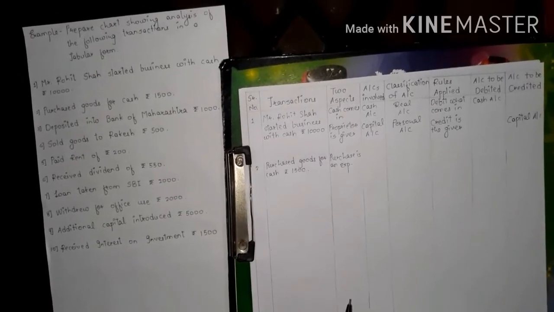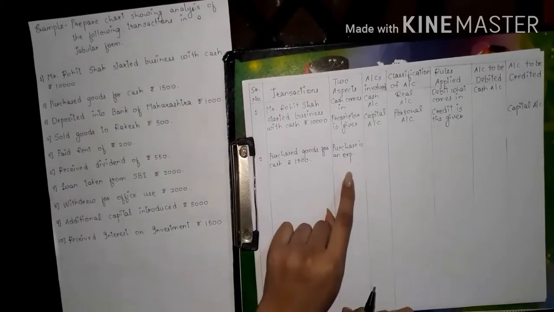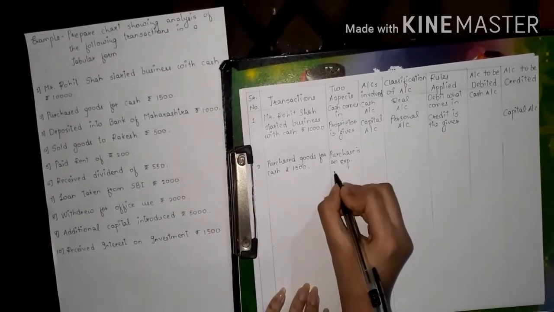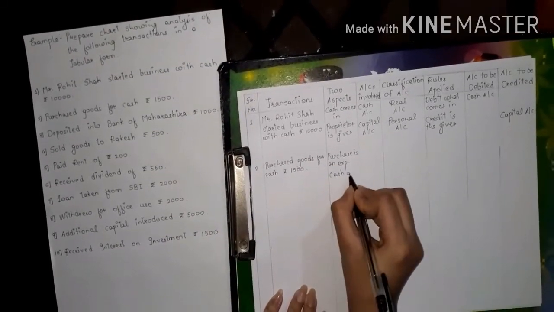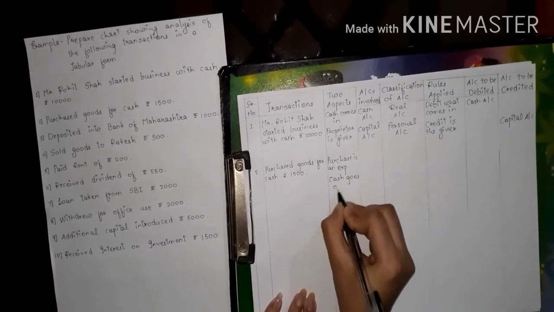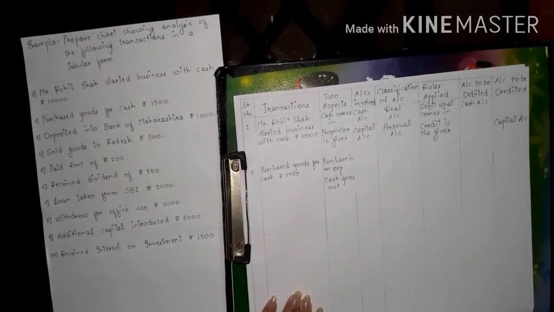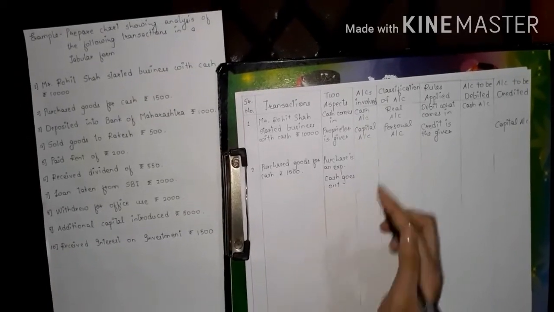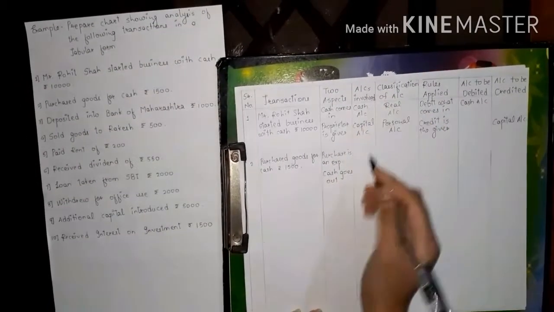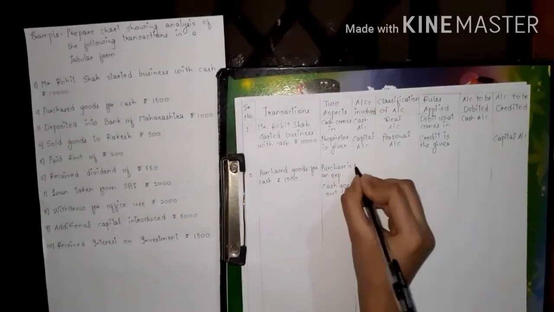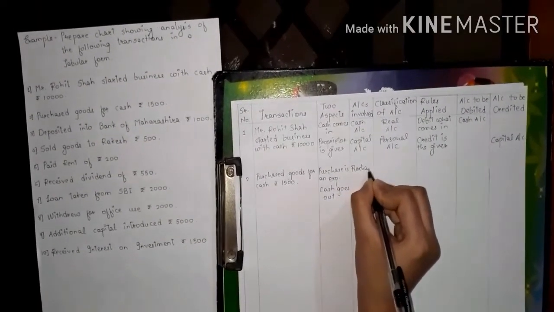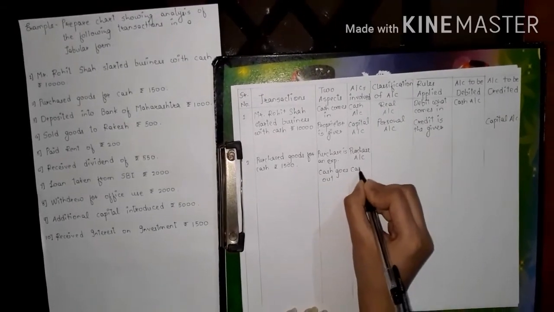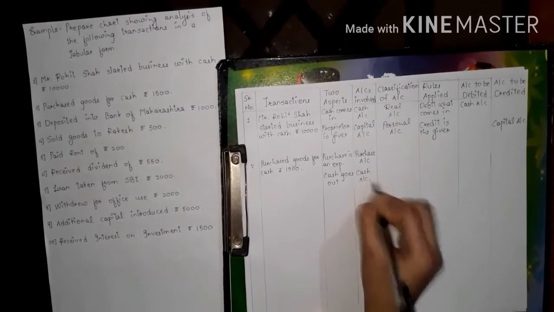Okay, but what has gone out? Cash. So cash goes out because immediately payment is made over here. That is why the second aspect will be cash goes out. Now accounts involved: obviously purchases account, and the other is cash account, as cash has gone out of the business.